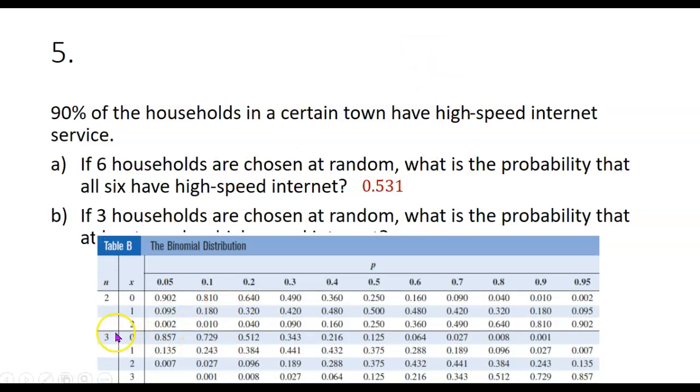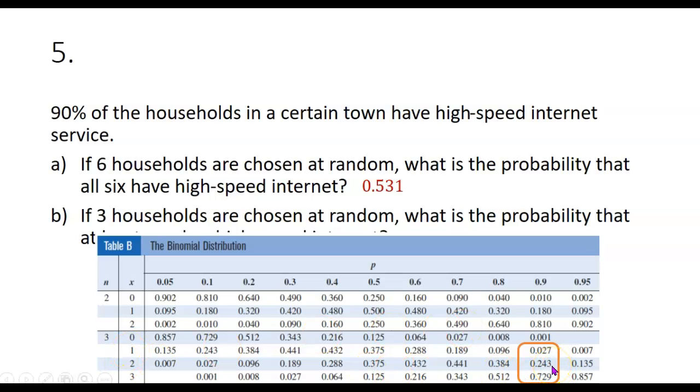So on the table, if you go to the part of the table where N is 3, we need to add together all the probabilities for all the X's that are at least 1. So that would be the 0.027 for where X is 1. That would be the probability that it's exactly 1 out of the 3.